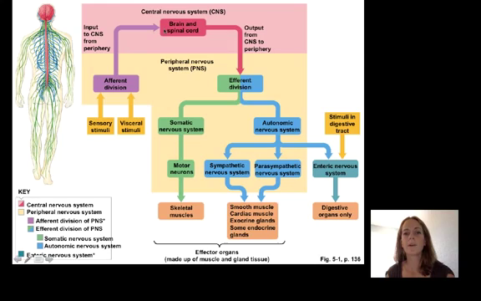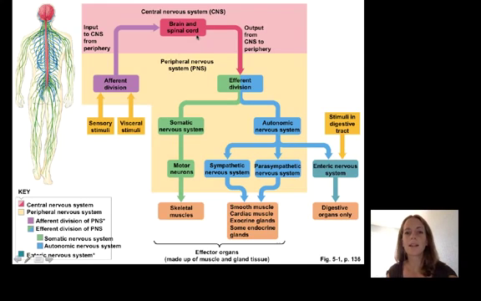The textbook organizes it this way. So we have the sensory stimuli coming in, bringing in information about what is going on through the afferent division. That will come into the central nervous system through the afferent peripheral nerves, where the brain and the spinal cord will decide what to do with that sensory information.